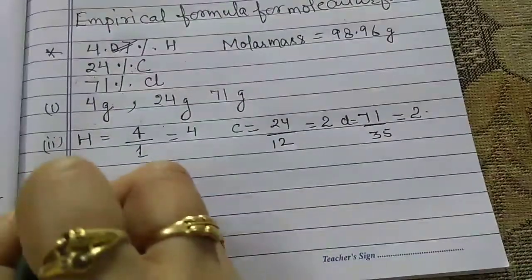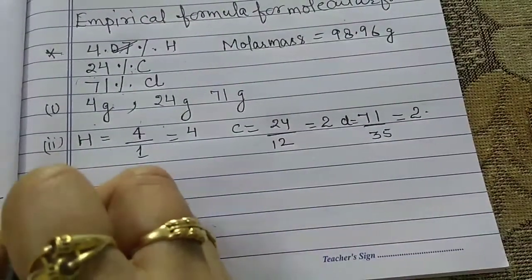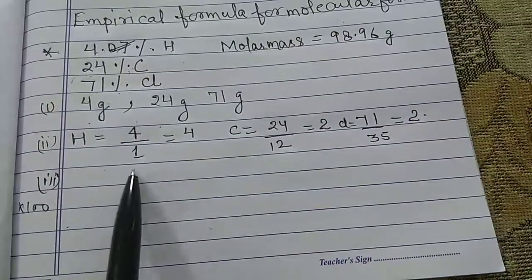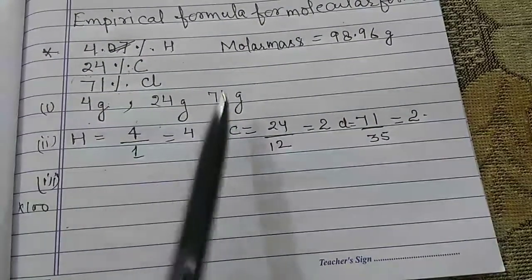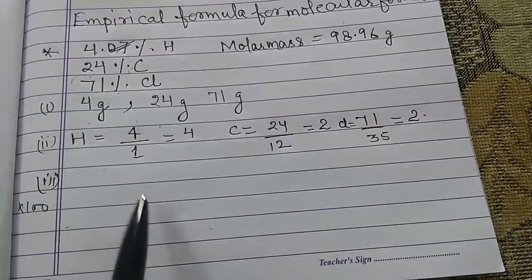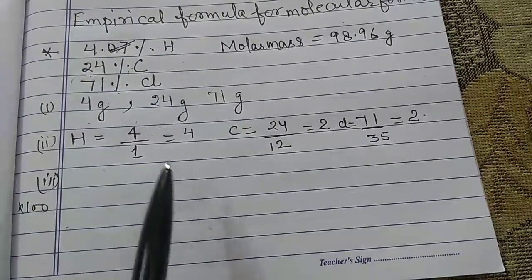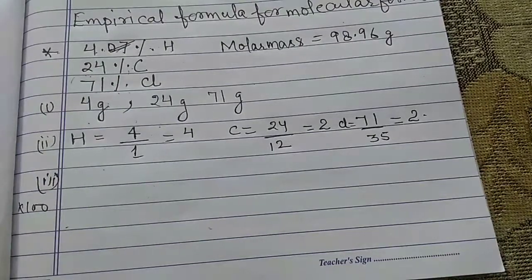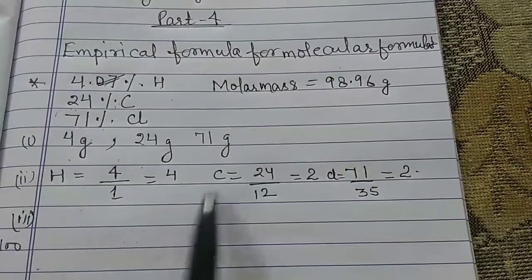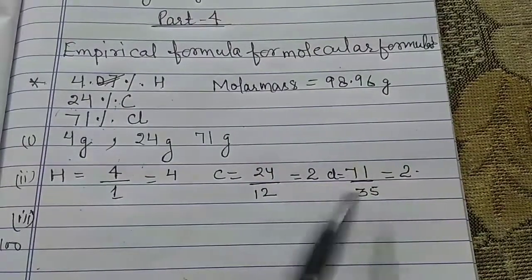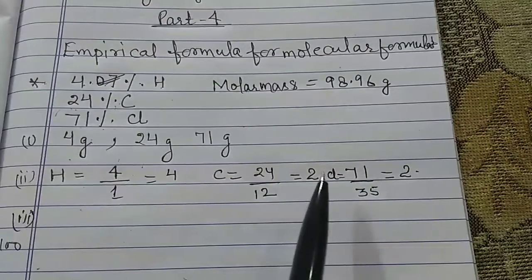Now in the third step, what we have to do is divide the mole values obtained above by the smallest number. Here in these three values, 4, 2, 2, the smallest value is 2.